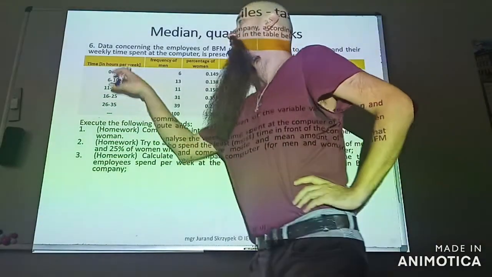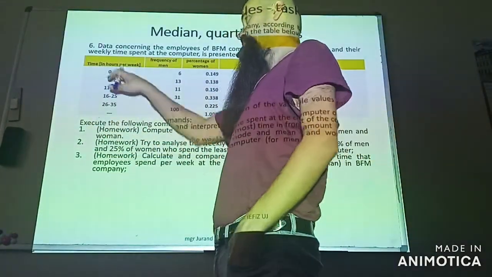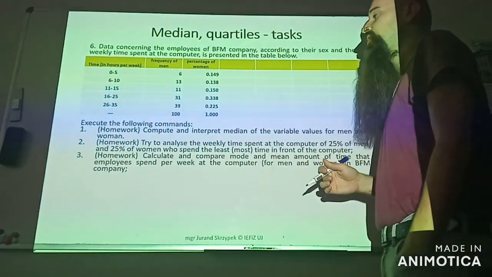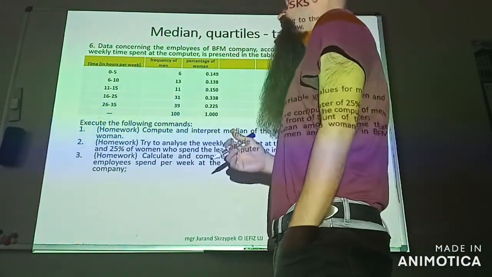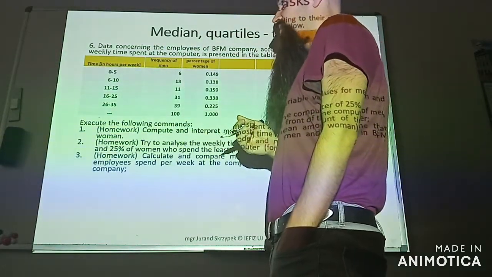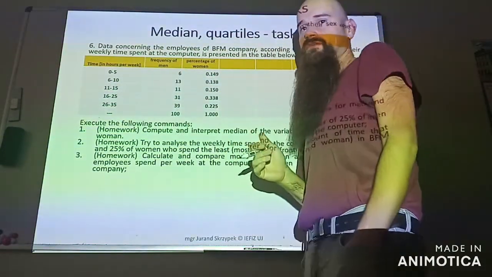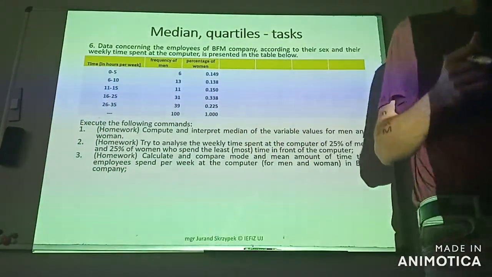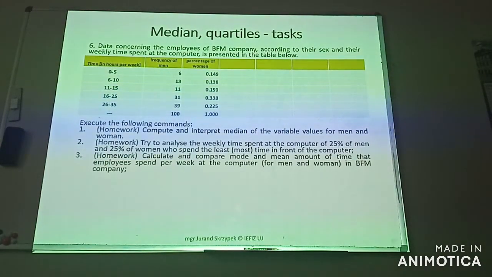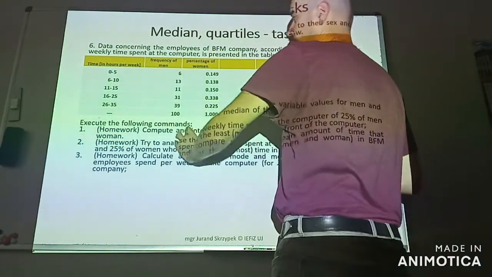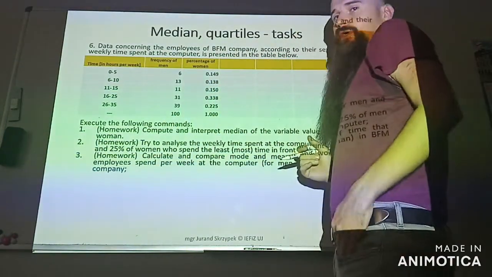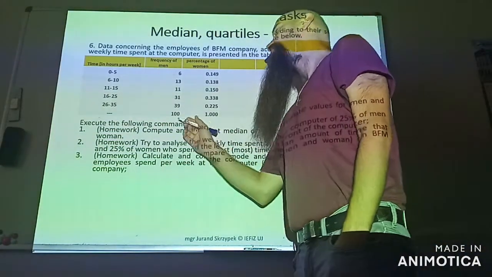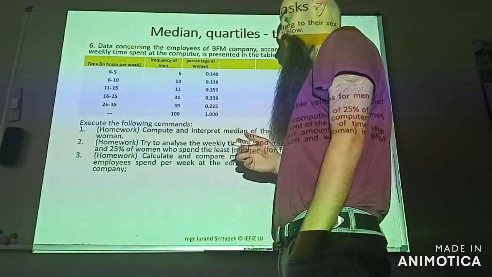And here we have our variable and its intervals of values, time spent at the computer, and here we have the information about the number of men and their time spent on computer, and the percentage of women and their intervals of time spent on computer. So we have 2 different groups and 1 variable, and we have to solve the following problems.